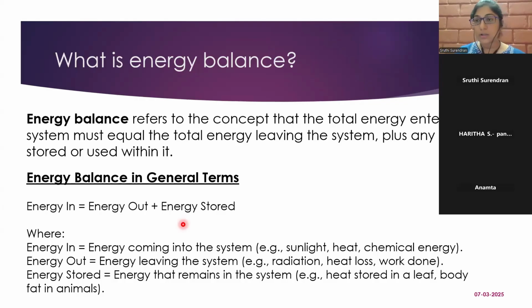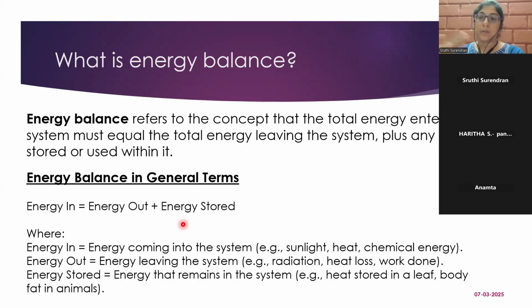And energy out can be, say, in terms of photosynthesis, we learned that first the energy of light is taken up by the plants, which is then converted into chemical energy in the form of ATP and NADPH. And then ATP and NADPH is then utilized for the Calvin cycle and photosynthetic process. So the energy that is coming in is basically the solar radiation, and the energy to which it is getting converted is the chemical energy.